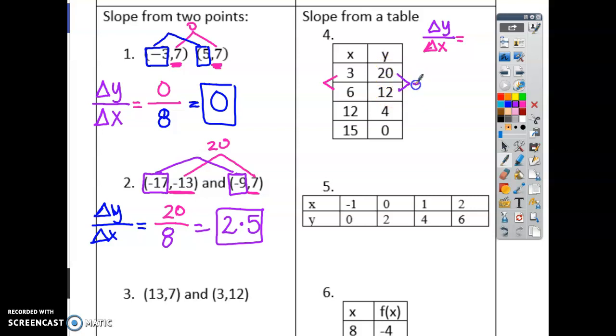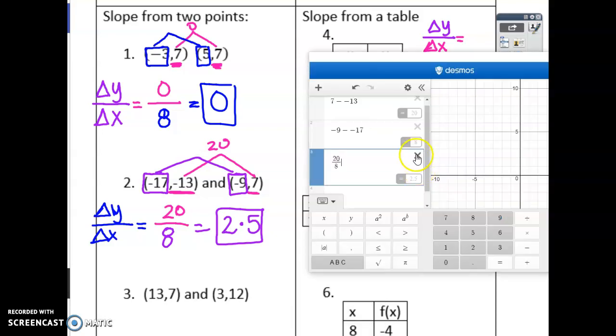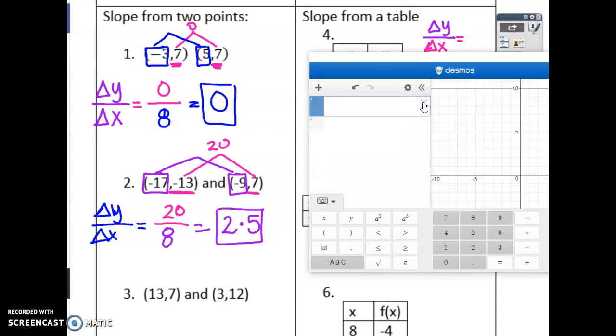It went down how many? How much did it go down? 8. -8. Okay, it went down 8. And if you can't do the math in your head, then you need to put it in the calculator. It was 12 minus 20, -8. Okay?